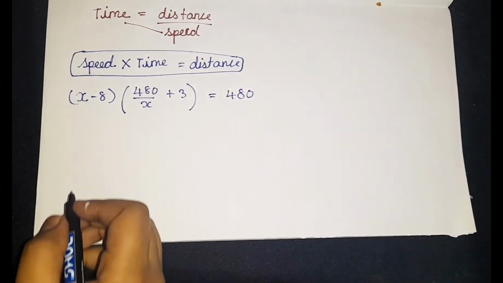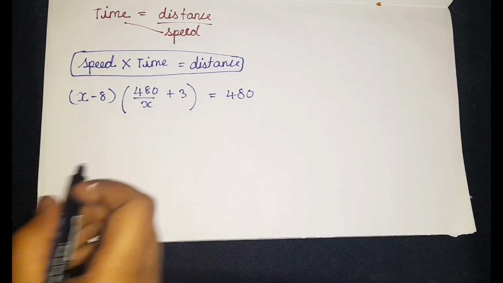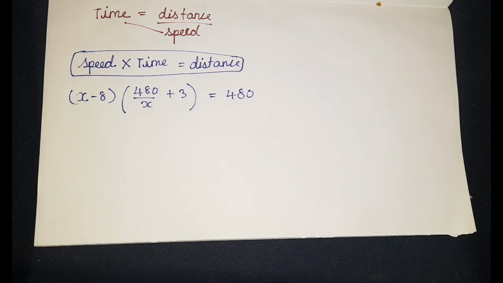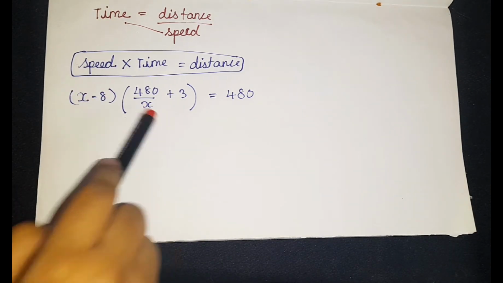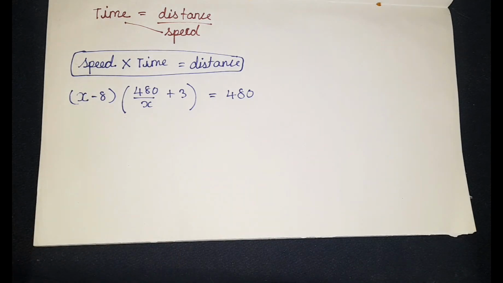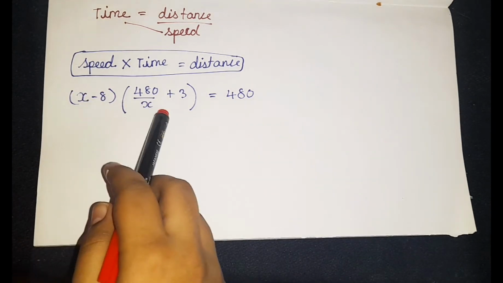Now as you guys can see, looking at the brackets, we can multiply this term with this one. How did we do it in the first question? In the first question we multiplied the values if they are inside the bracket. So here, since they are inside the bracket, we shall multiply this term with this one.